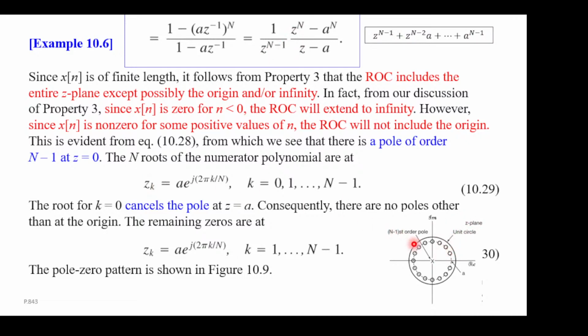So the ROC is everything on the plane, except 0 is obviously not in the ROC because at 0 you have a pole, and infinity is included.